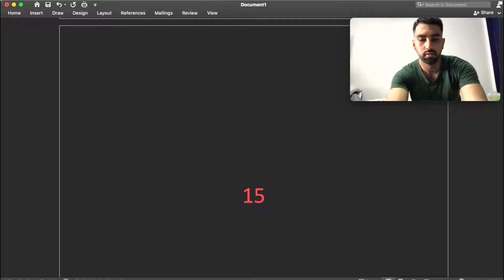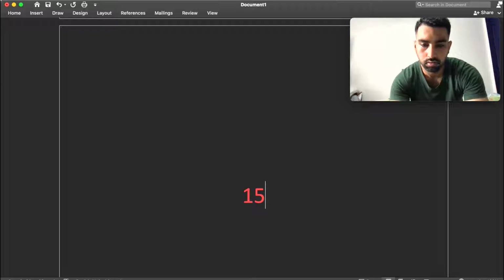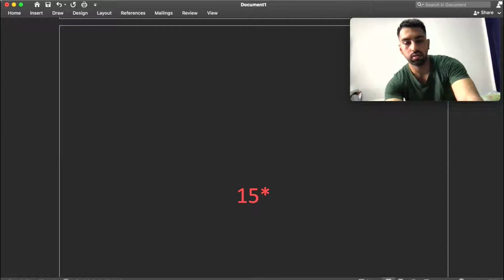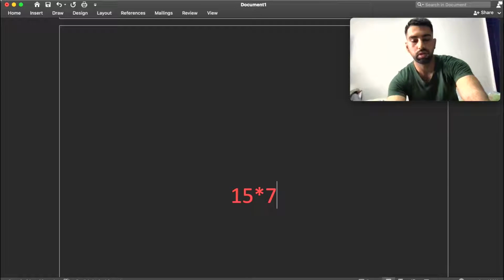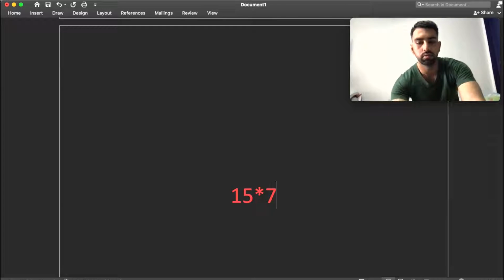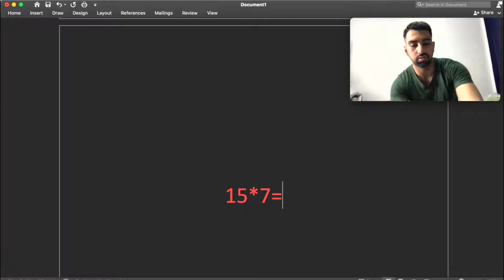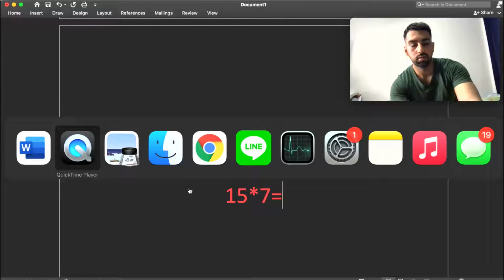15 multiplied by 7 baht equals the price of all the pencils.